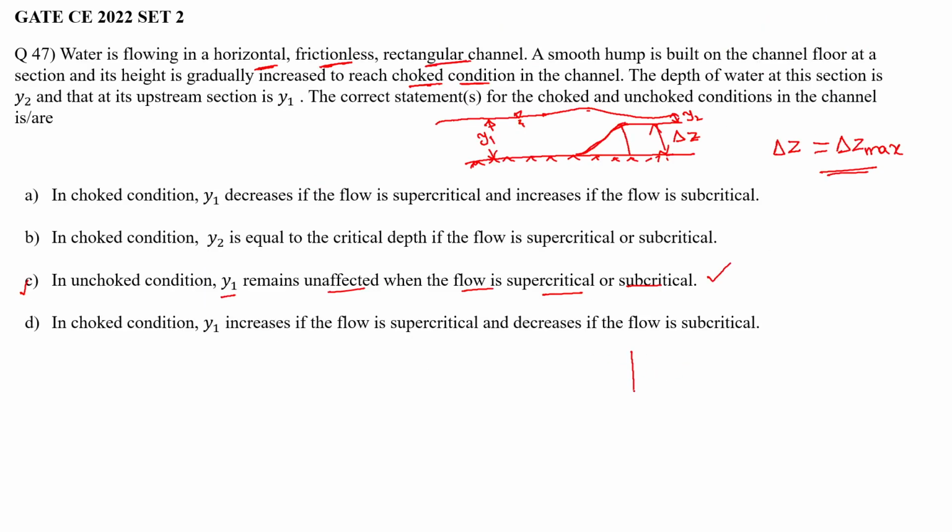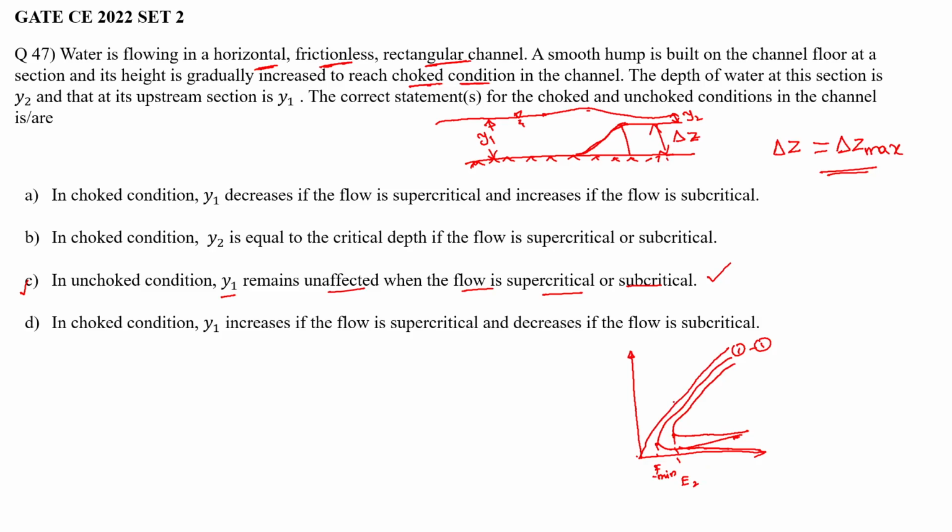What I mean here, let's say this is a specific energy curve. This is the initial curve, asymptotic. Now if the choked flow happens, the curve will shift towards the right. This is E minimum, and this is E2.